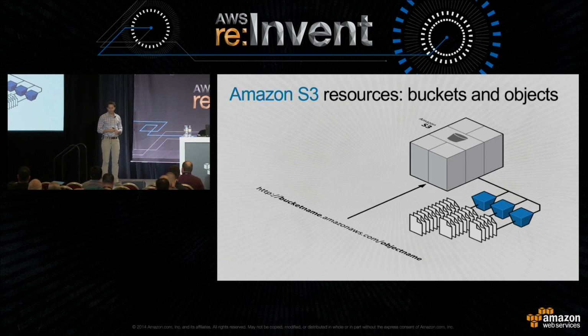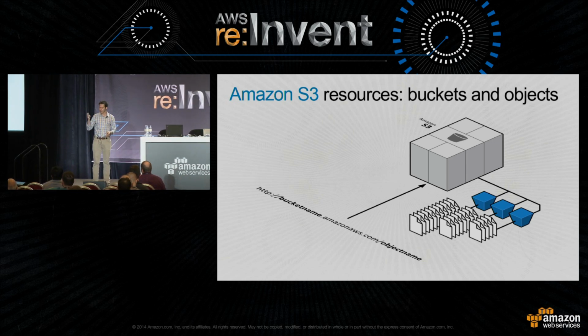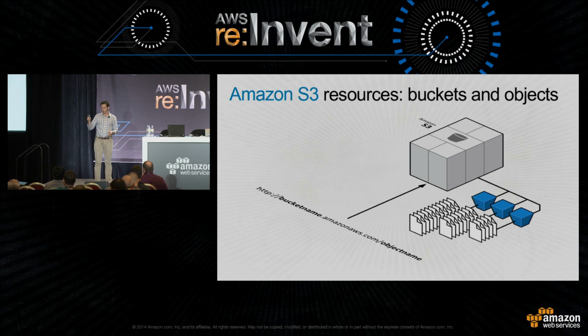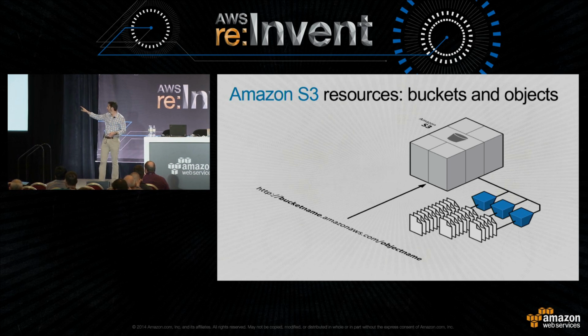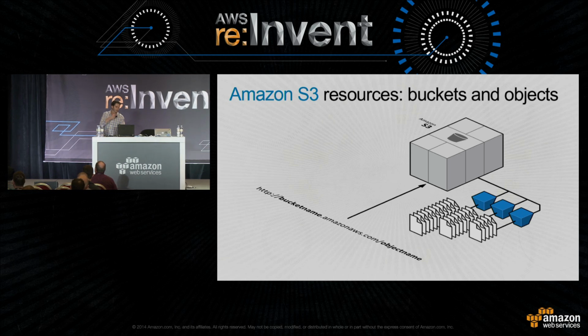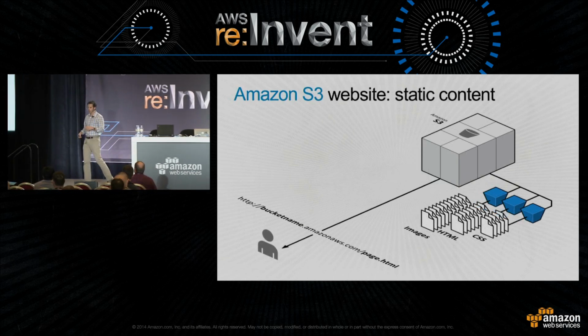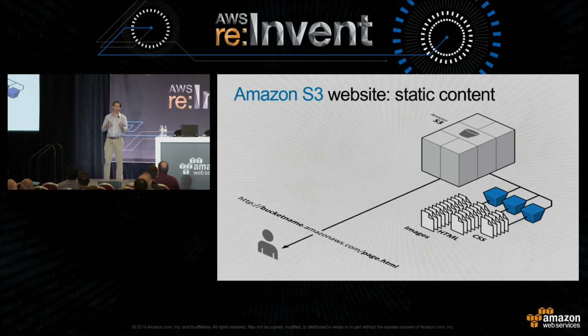So given the right permissions and security credentials, I can directly access these objects by accessing bucketname.amazonaws.com/the object name. And what that allows us to do, and I think Ilana is going to give us a more detailed example in his presentation, is we can directly offload all the static content serving away from web servers directly into S3.